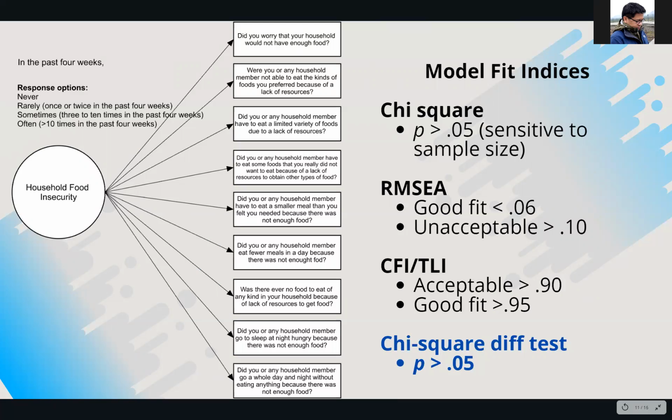When comparing the different models, we used chi-square difference testing. The logic behind it is that if the decrease in fit is not statistically significant, then parameter estimates can be considered invariant and constrained to be equal across groups.